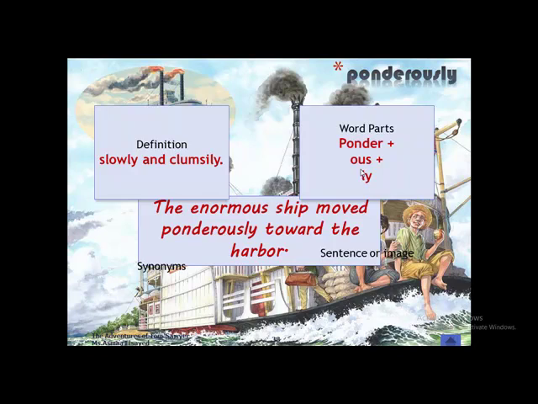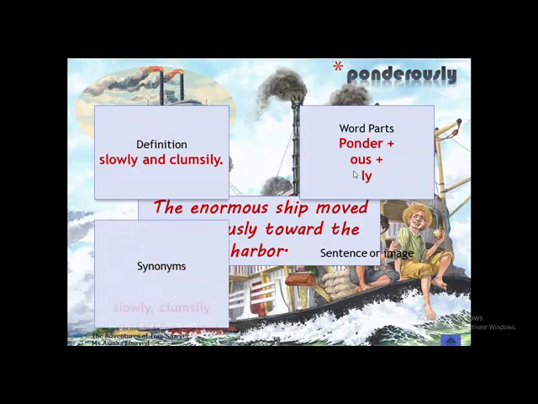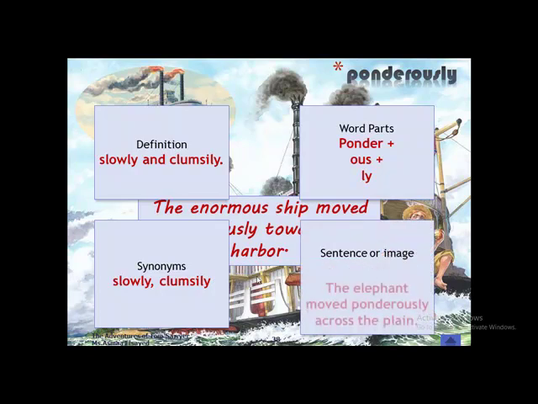Okay, when I say Amr Diab has fame, he is famous. Synonym, slowly or clumsily. Do you know Clumsy from the Smurfs? A walking disaster. He causes trouble wherever he goes. The elephant moved ponderously across the plain. Now I can visualize how the elephant walks. And of course you can recall all the videotapes and memories of watching National Geographic of walking elephants.